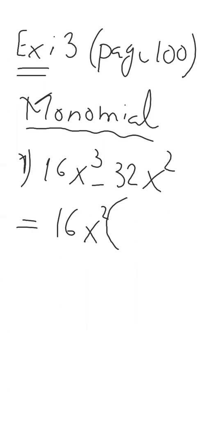So 16 taken as a common factor, x squared, take from x cubed x squared, so we still have just 1x minus 2. 32 divided by 16 is 2, x squared taken, so it leaves just 2. Great.